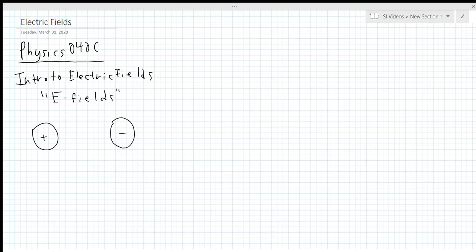So even though the proton is bigger, it doesn't mean that the charge is stronger. That base charge is going to be basically the elemental charge, which is 1.60 times 10 to the negative 19 coulombs. So a proton would have a charge of positive e, and an electron would have a charge of negative e.